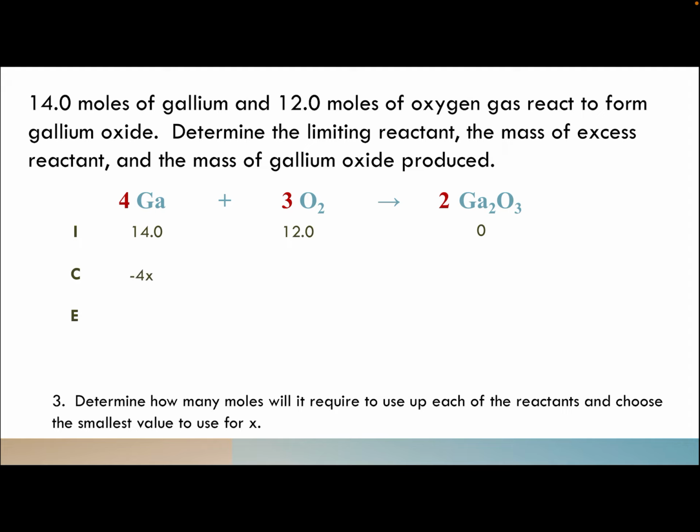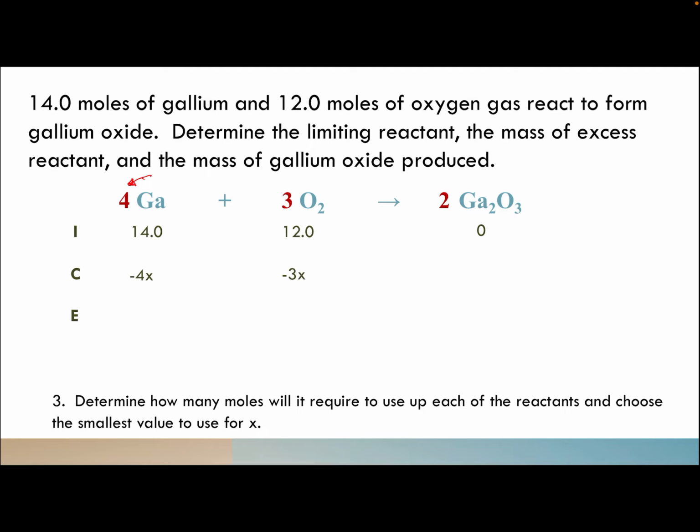Before we get to that, we're going to assume that we don't know how much each thing is, right? But we are going to use these coefficients in the front, and we're going to use the value of x. And this x is going to represent the mole amount. Okay, so because there's a 4 in the front, 4 mole equivalents will get used up. So we will put a minus 4x.